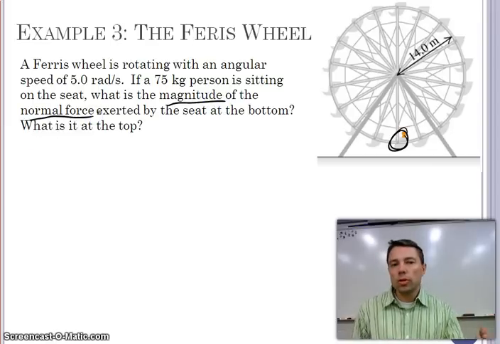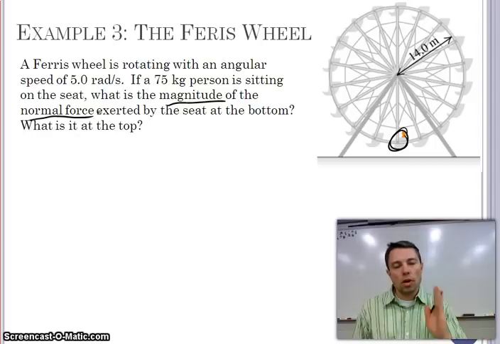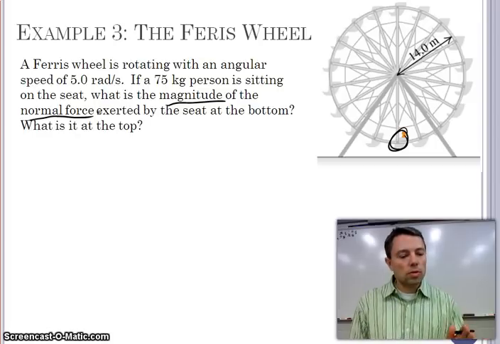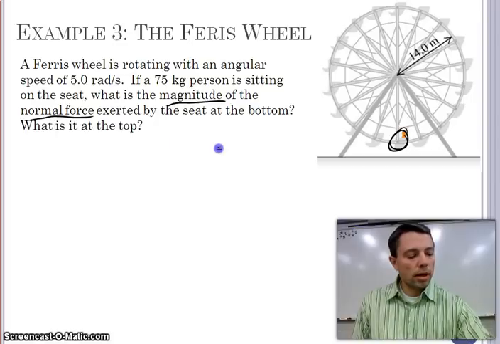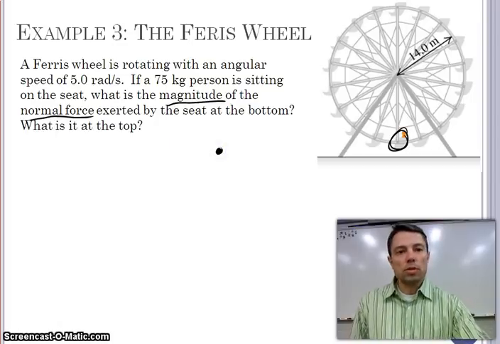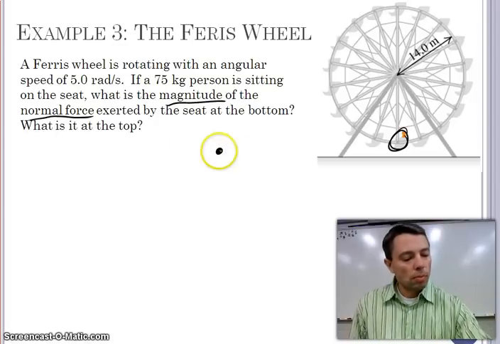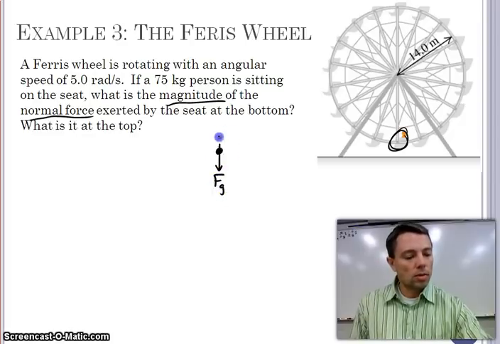Because remember, a normal force is just a force in contact between two surfaces, and it always acts perpendicular to those two surfaces. So again, I'm going to draw a free body diagram. Here's a point that represents the mass of my person. My person has a weight that acts down, and they have a normal force that acts up, okay?